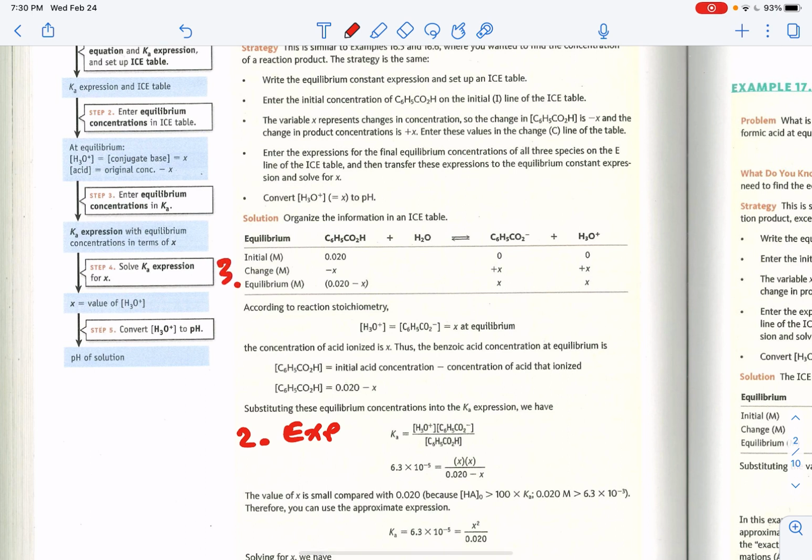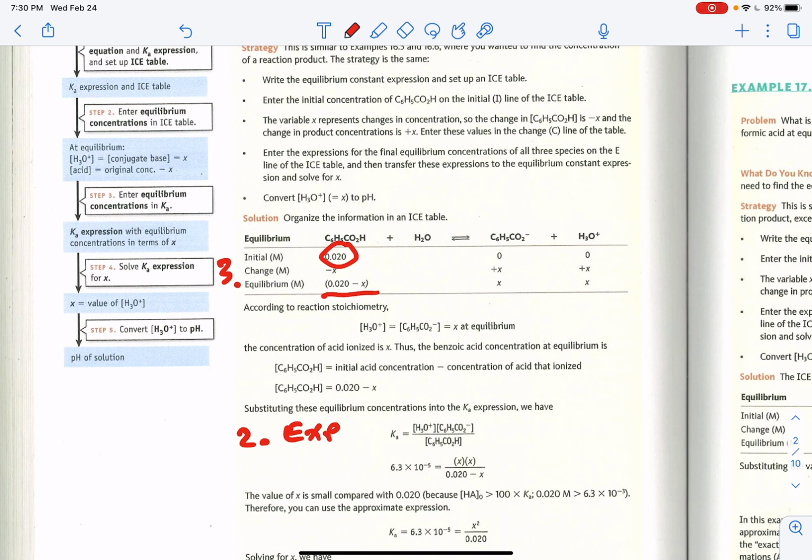Part 3, come up with a way to find numbers to put into the equation. I'm starting off with this molarity, and x of those molecules are going to split up. So when I'm done, I have 0.020 minus x that have split.